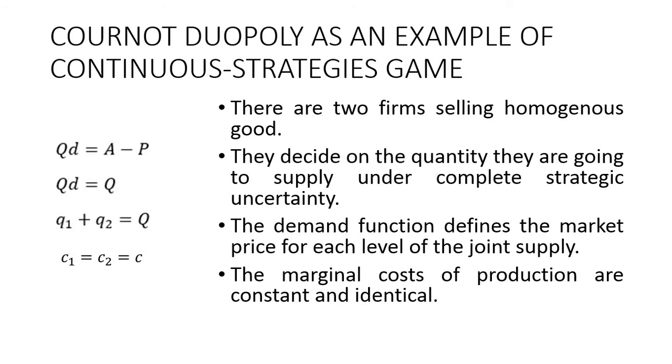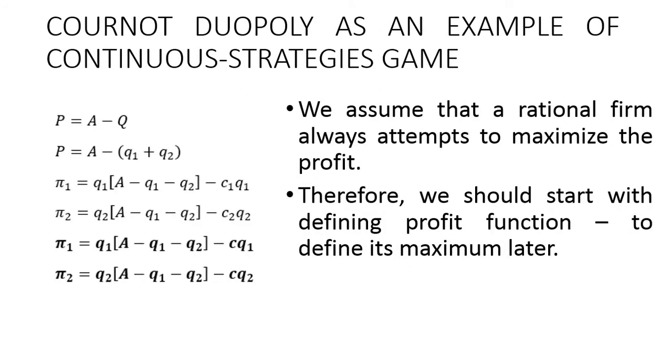So this is the market demand function, and we can define the inverse demand function, like saying informally how price depends on quantity, in this manner. So if QD is equal to A minus P, then P is equal to A minus QD. But we also remember that the market is cleared, so Q is equal to QD.